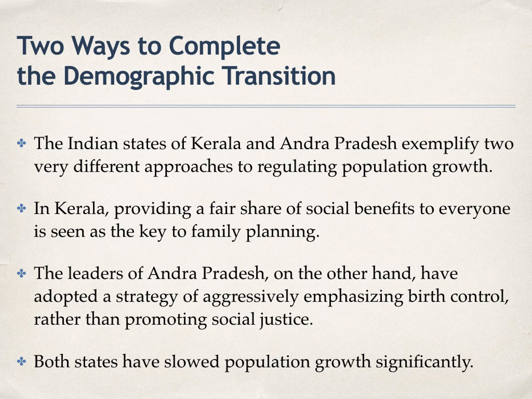Both states have slowed population growth significantly, and though they employ very different strategies, both aim to avoid a demographic trap in which rapidly growing populations exceed the sustainable yield of local forests, grasslands, croplands, and water resources.